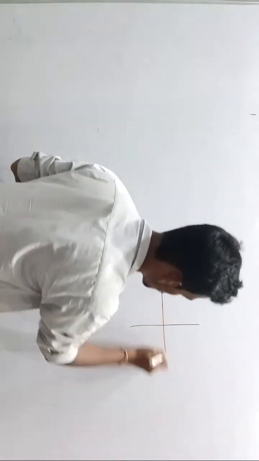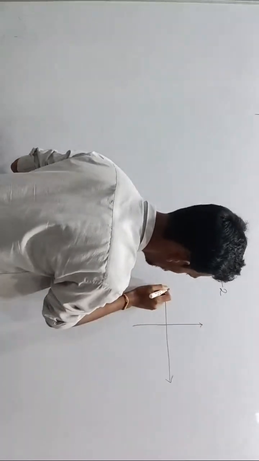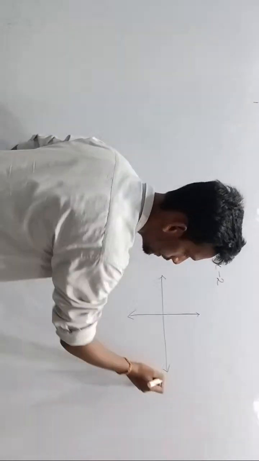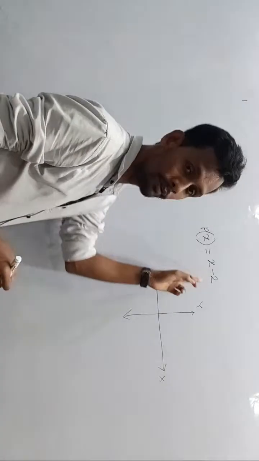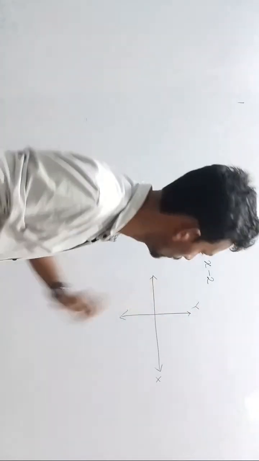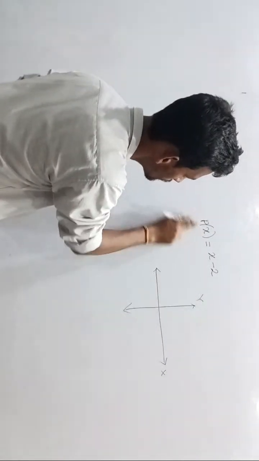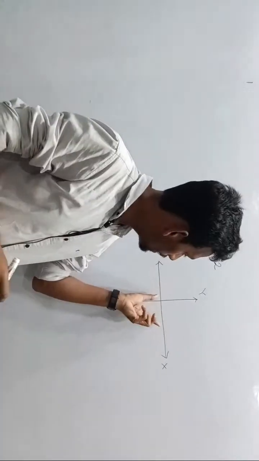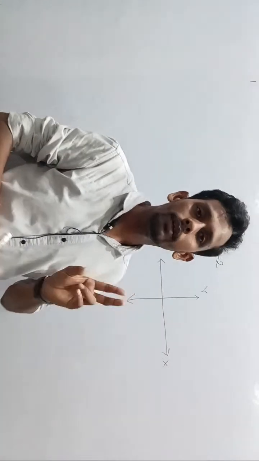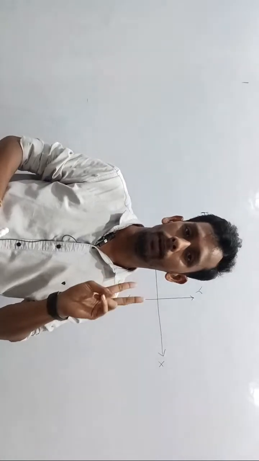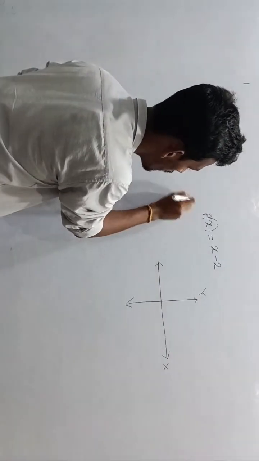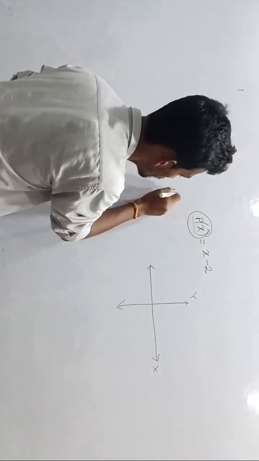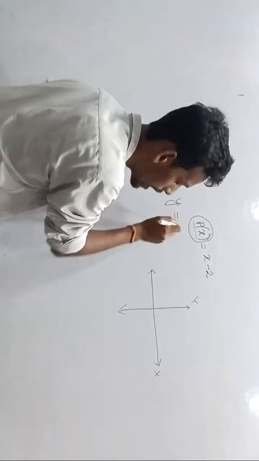So suppose this is your graph paper. This is x axis, this is y axis. P(x) equals y, x minus 2 is your expression, linear polynomial. Now see. For drawing the graph on a graph paper, you need two variables, x and y. So for this, you have to take this polynomial as equal to the other variable.